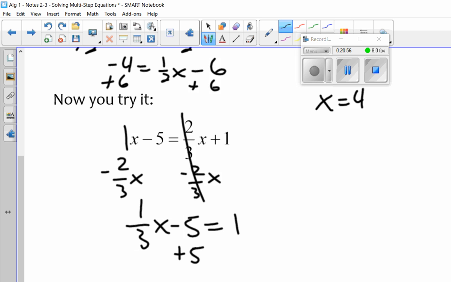Opposite or inverse of negative 5 is to add 5. Get this. Okay. I'm going to divide by 1/3, but remember that's multiplying by the reciprocal. Okay, so those go away. You're left with x over here on the left, and 6 times 3 is 18. Okay. So there you go.